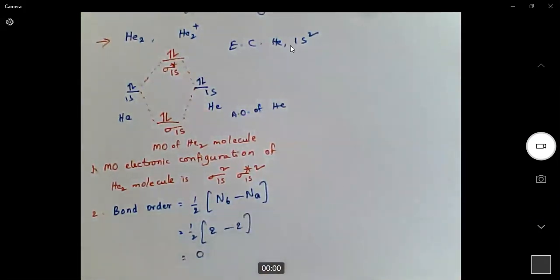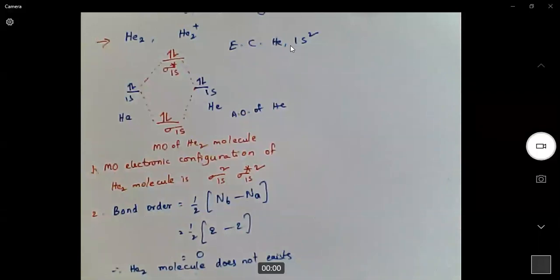So it is 0. When we say bond order is 0, therefore this He2 molecule does not exist. Why? Because the number of bonds between two helium atoms is 0, so the molecule does not exist. Remember, whenever we get a bond order 0, then molecule does not exist.